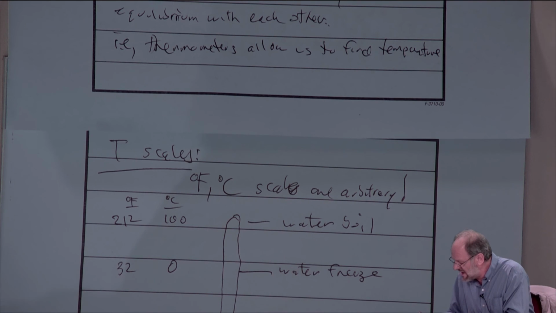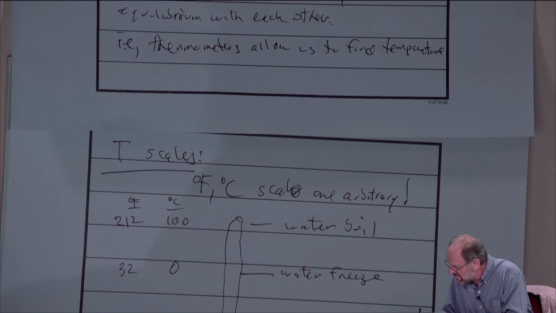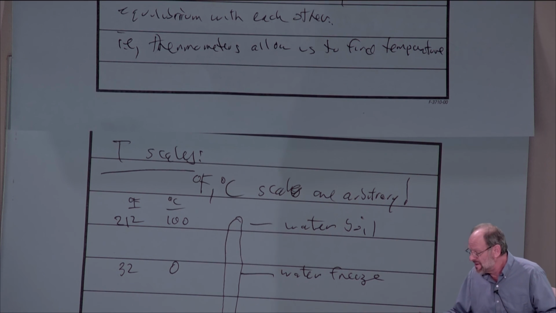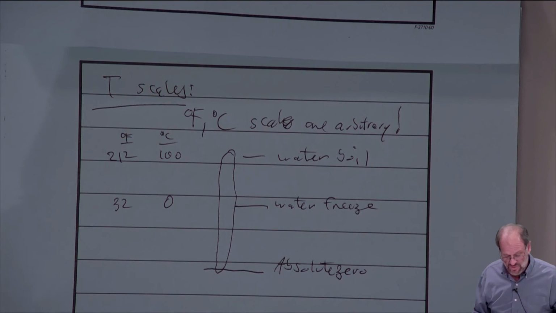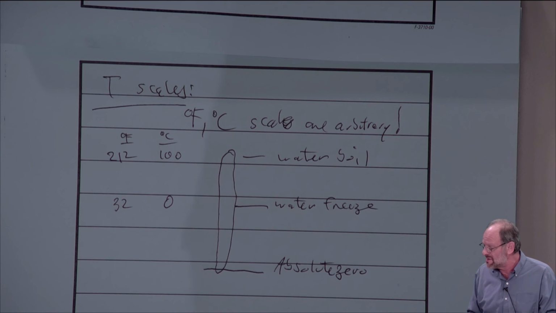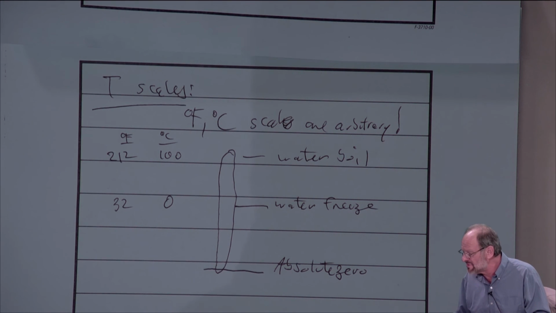So we need a scale where we come all the way down to absolute 0. And that's what we want to base our temperature scale on, okay? I suppose the question is, how do we do that? Various conferences were held, and they're still held every several years or so.